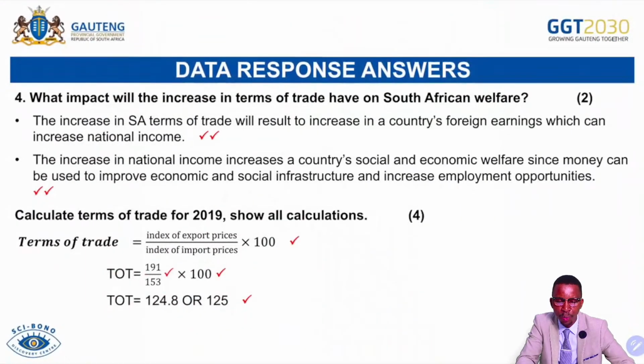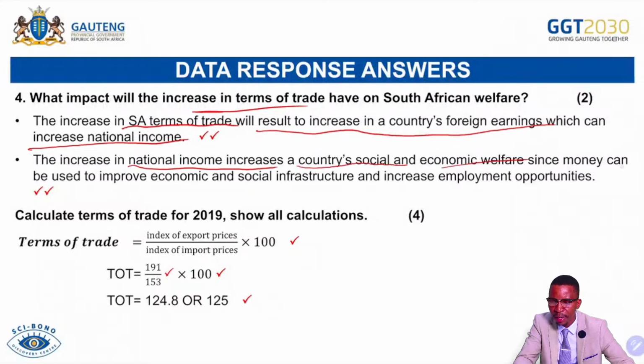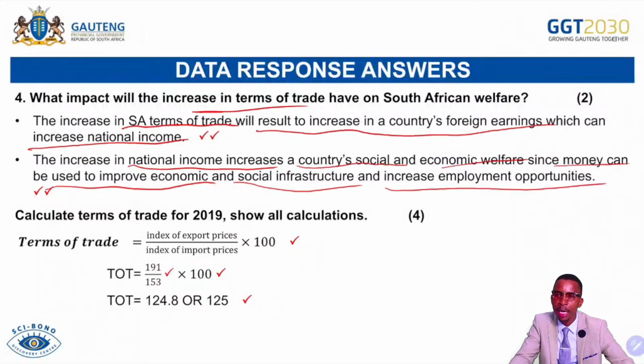Then what impact will the increase in terms of trade have on South African welfare? The increase in terms of trade will result in an increase in the country's foreign earnings, which can increase national income. Then what happens after? The increase in national income increases the country's social and economic welfare, since money can be used to improve economic and social infrastructure, which will increase employment opportunities. And then calculate terms of trade for 2019, show all calculations.